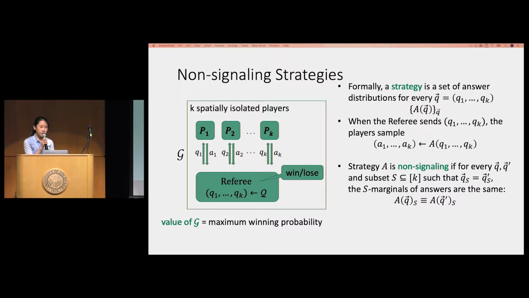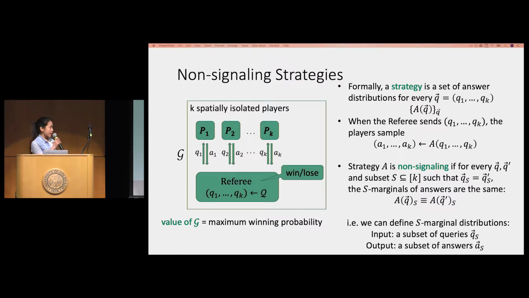Essentially, the players in S are sending back the same answers distributionally. In other words, for a non-signaling strategy A, we can define S marginal distributions for every S, where the input is a subset of queries and the output is a subset of answers. To be non-signaling simply means that we can define these marginal distributions such that they're consistent with the actual strategy A.